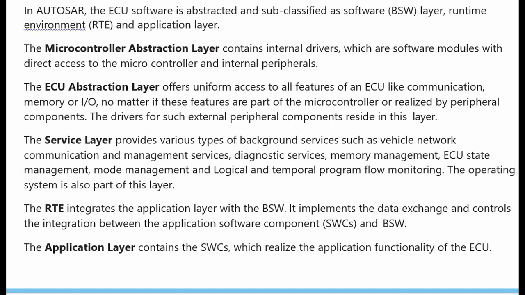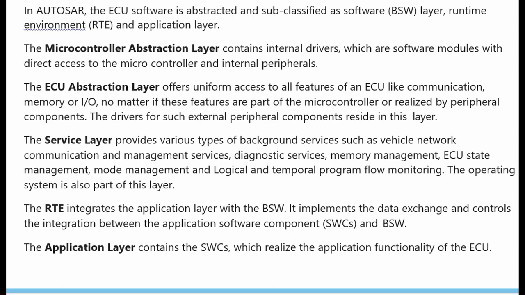Here we also have some modules: system services, memory services, crypto services, offboard communication services, and communication services. Here we have COM, CAN NM, that is CAN network management, and CAN SM.